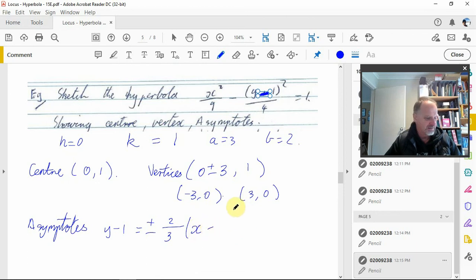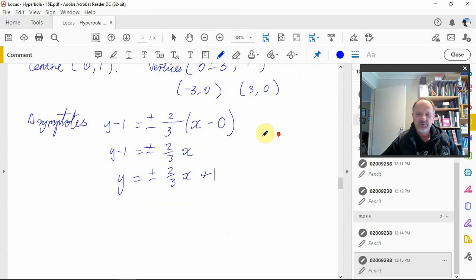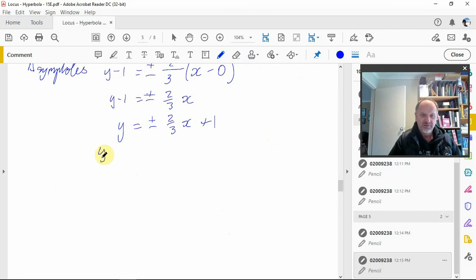X minus h, which is 0. So y minus 1 equals plus or minus 2/3 x. Now move the 1 across by adding. So we've got 2, and one of them is negative gradient, -2/3 x plus 1, and the other one is positive gradient, so 2/3 x plus 1.